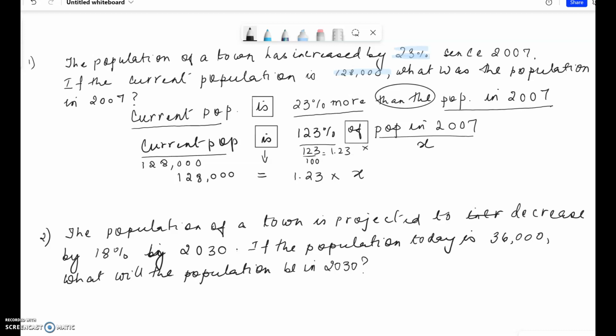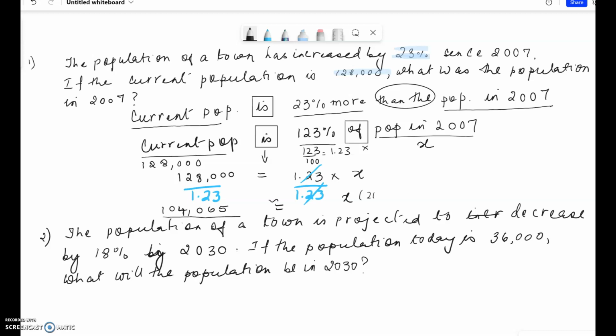Now we divide both sides by 1.23. So that cancels the 1.23 on the right side, and we get x is equal to 104,065.